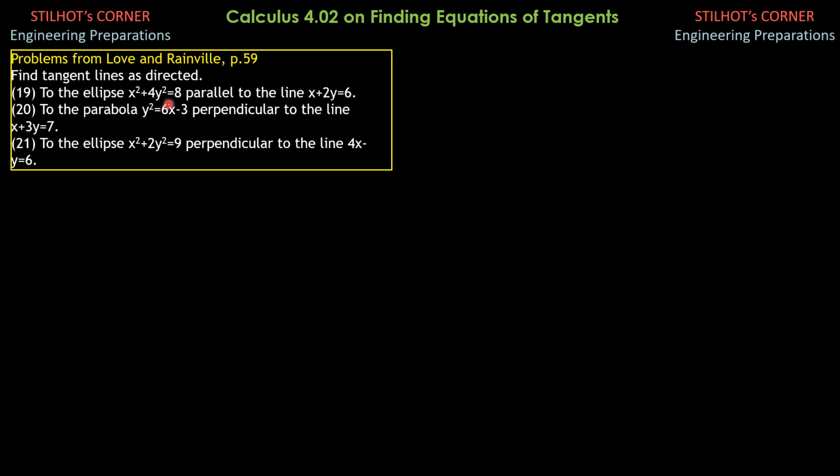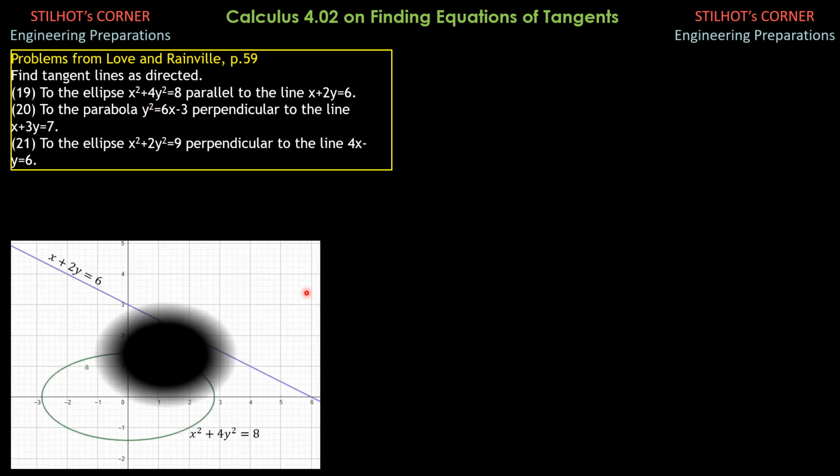The value of a is the square root of 8, or 2 square root of 2, while b is plus or minus square root of 2. It has its center at the origin. So this is the graph.